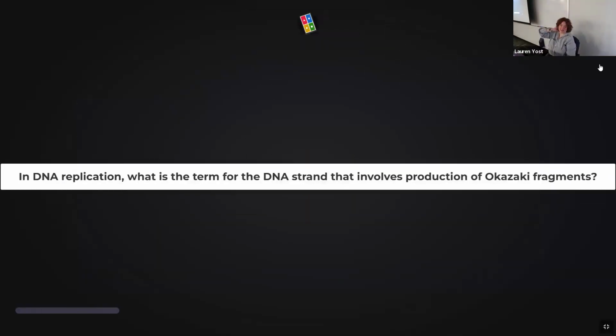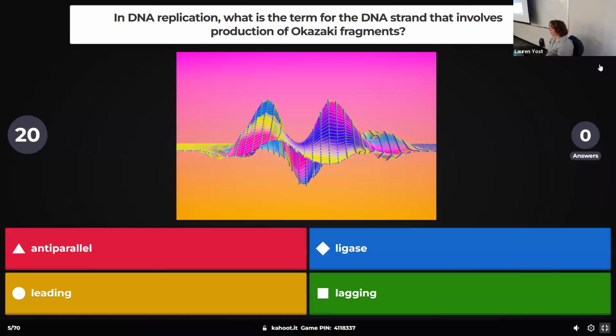In DNA replication, what is the term for the DNA strand that involves production of Okazaki fragments? If we're replicating DNA, and this only happens in DNA replication. We don't see this forming in RNA transcription or anything like that.